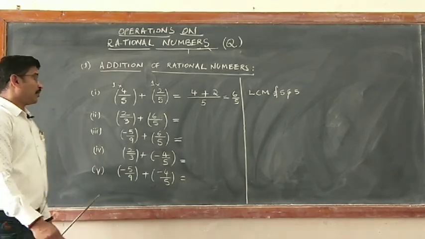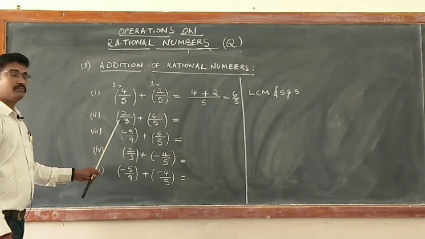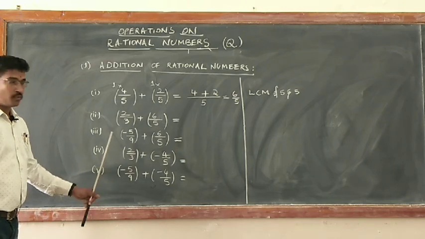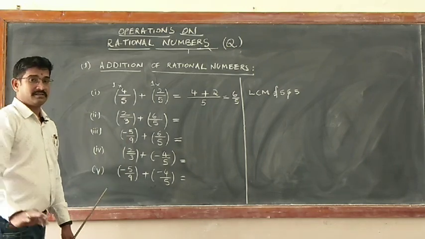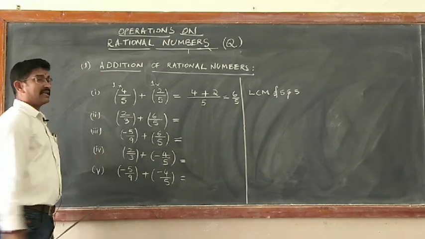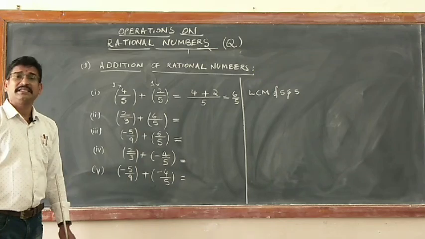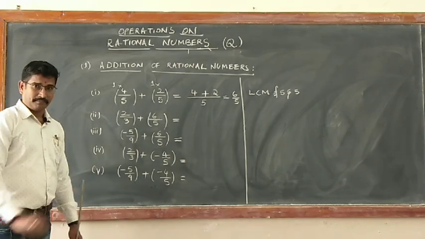Next, we are going for the next example where I gave you both positive rational numbers, that is 2 by 3 and 6 upon 5, but the difference between first example and second example is here the denominators are different. When the denominators are different, procedure is same.